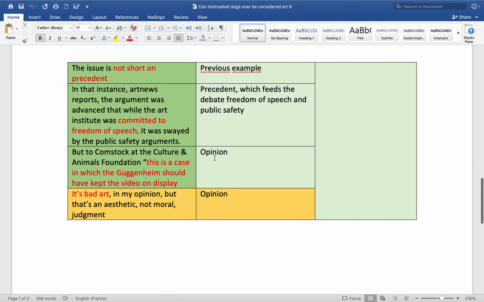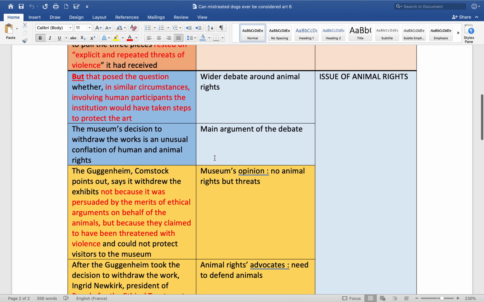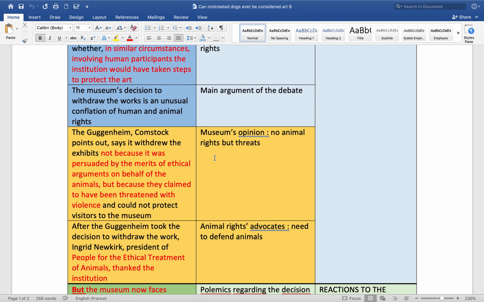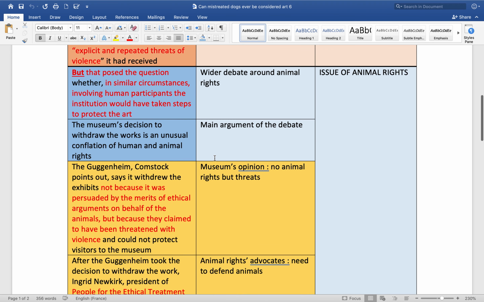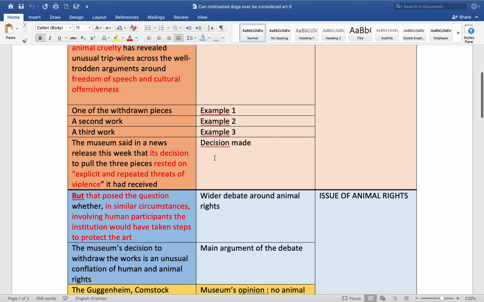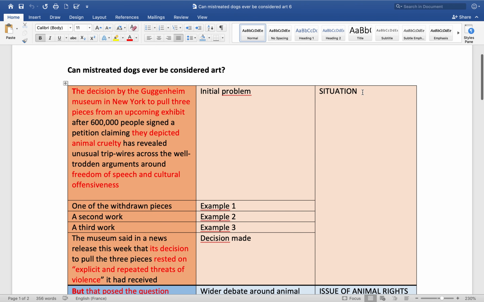I thought that actually, if we had a closer look at each part, especially the second and the third part, there were things that needed to be reorganized. Because, as I said, if I consider that this first part is the situation, I can keep all of these paragraphs together.